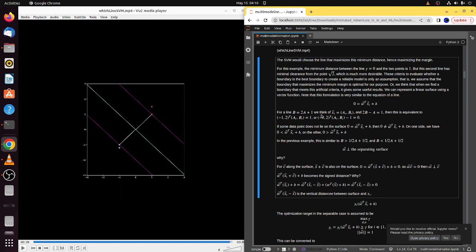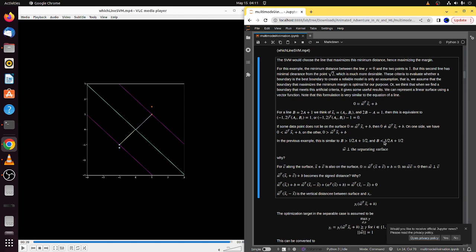This is xi. But usually when you think of a line, especially from high school algebra, we think of this term. For example, b equals half a plus a half. If b is greater than some constant times a plus some other constant, then it's on the top of the line.